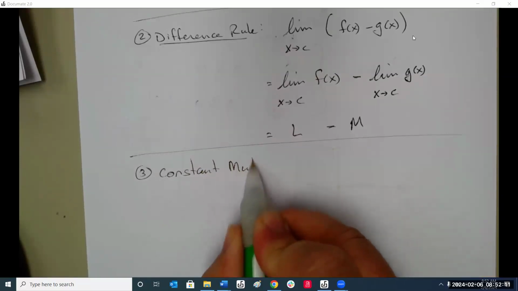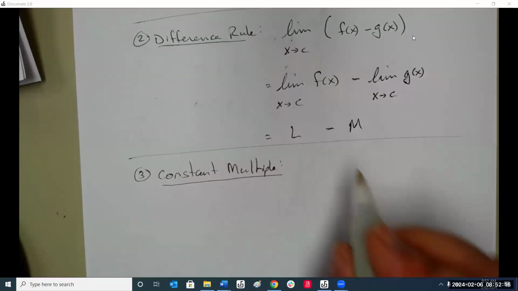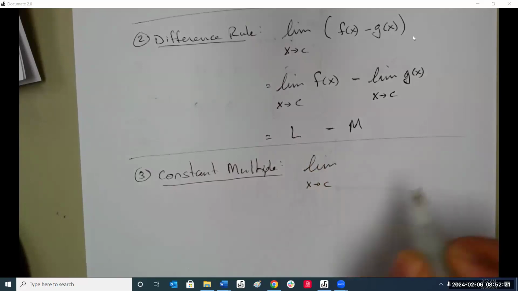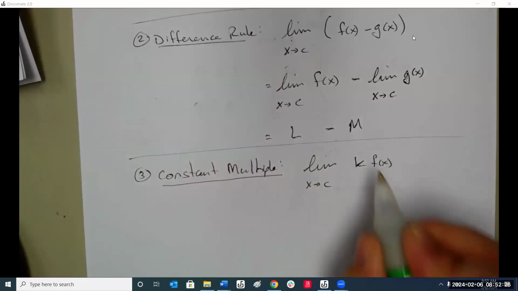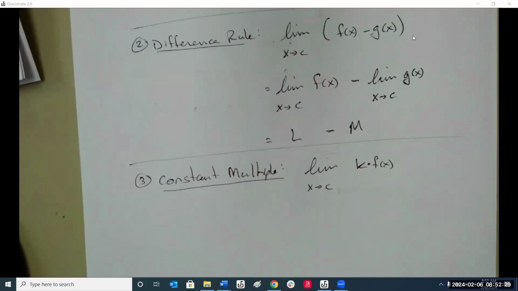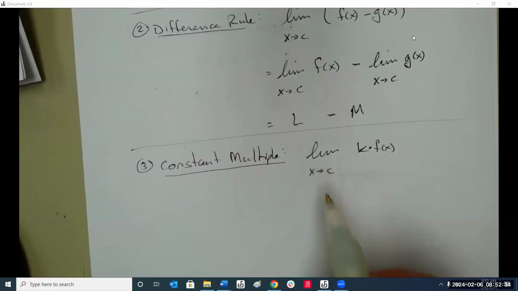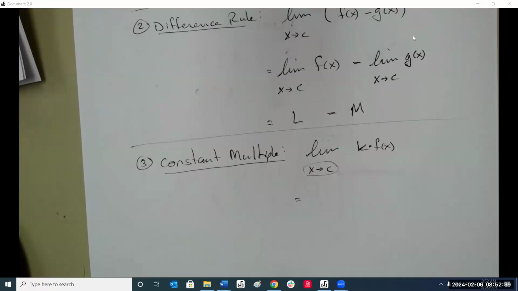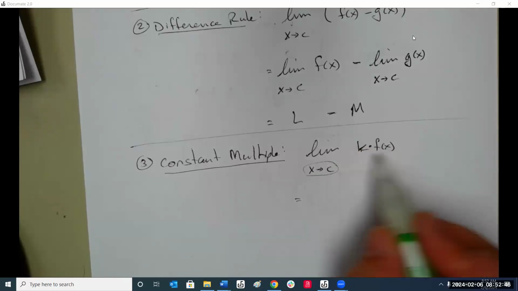The constant multiple, you'll be using this one a lot. What this one says is if I have a limit of a function multiplied by some constant, because the limit looks at what happens to that value as x approaches a number, since the constant doesn't have an x value, it serves no purpose inside the function.